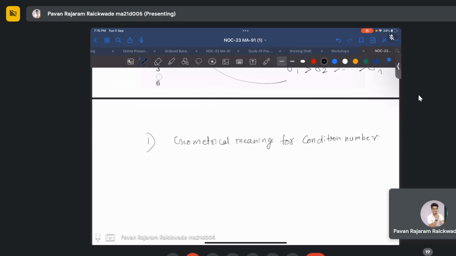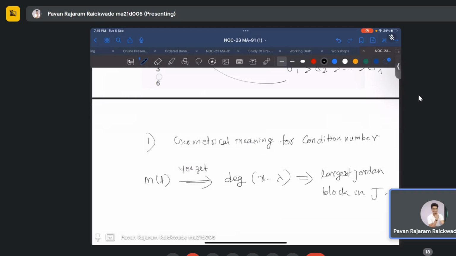Just by the minimal polynomial, I don't think you can, because from the minimal polynomial the only thing you get is the degrees of the factor x minus lambda for every lambda. From that you get the largest Jordan block in J. This is the only information.